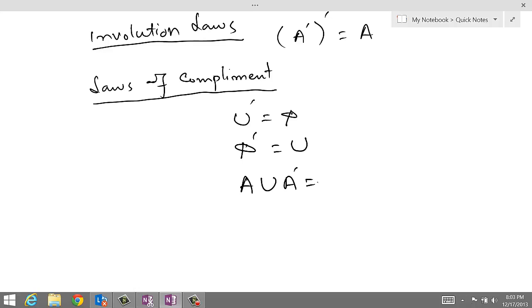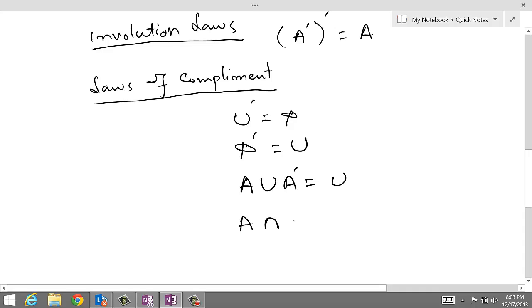But A is a given subset of the universal set and A complement is equal to U minus A. So their union is going to be equal to the universal set, and A intersection A complement is, there is nothing common between these two sets. This is going to be equal to the null set.